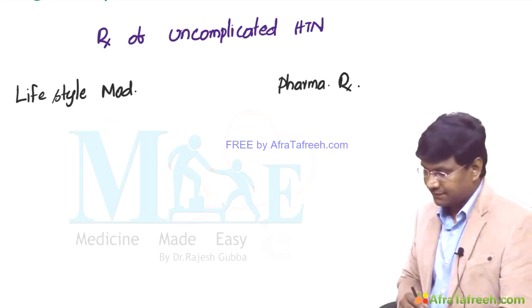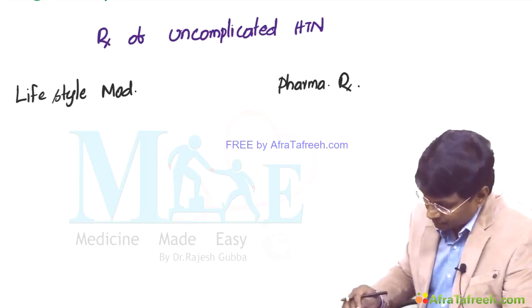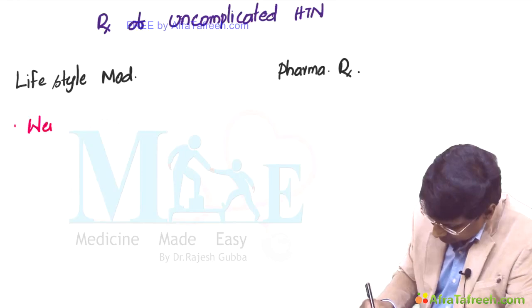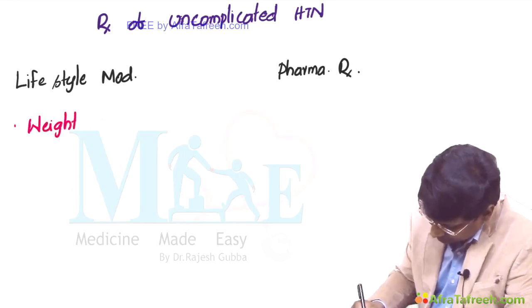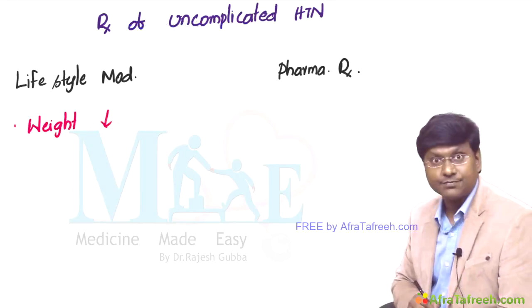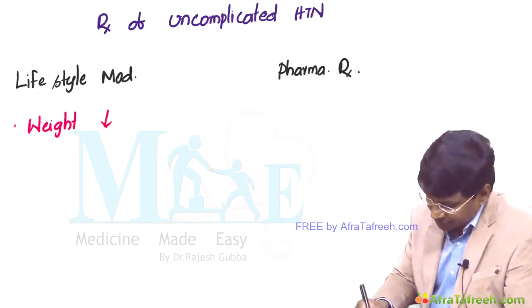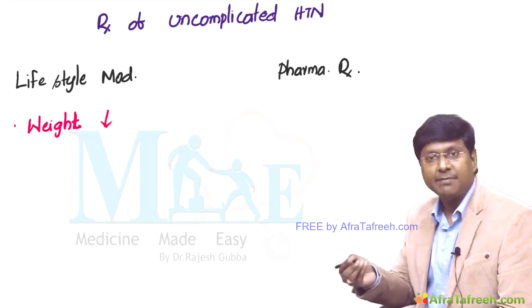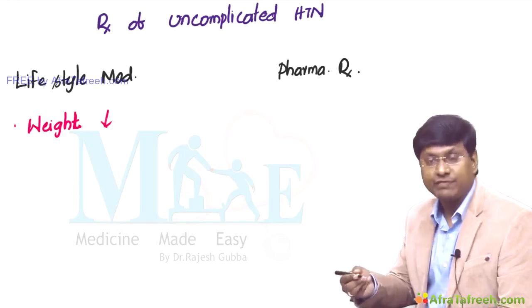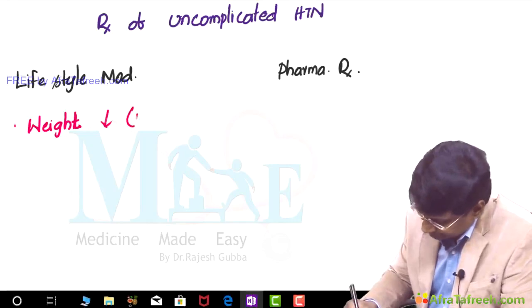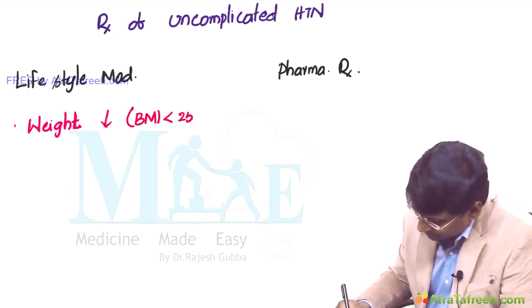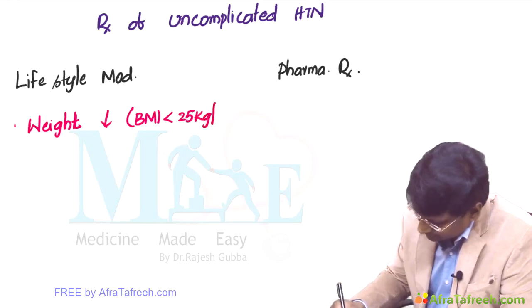First, in lifestyle modification is weight reduction. How much should the weight reduction be? The individual should be able to attain a BMI of less than 25 kg per meter square.